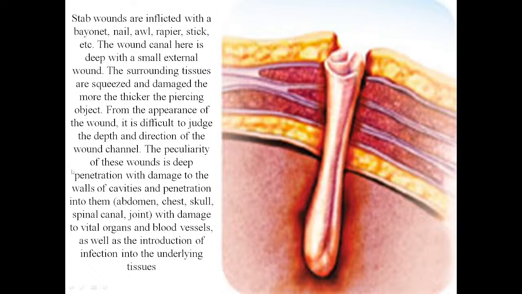The peculiarity of these wounds is deep penetration with damage to the walls of cavities and penetration into them. It can be the abdomen, chest, skull, spinal canal and joint, with damage to vital organs and blood vessels, as well as the introduction of infection into the underlying tissue.